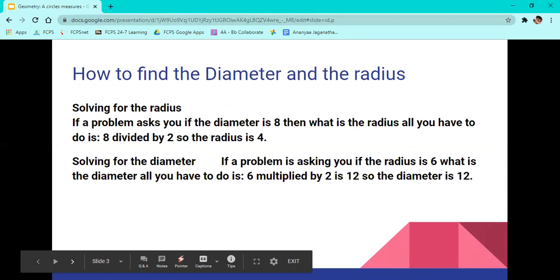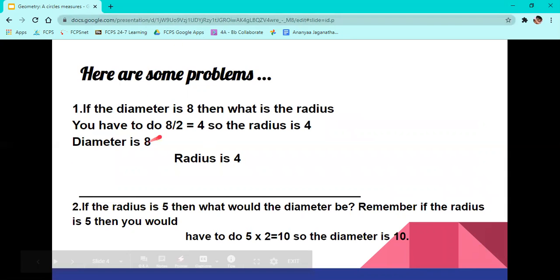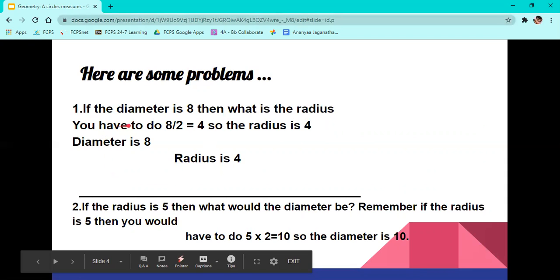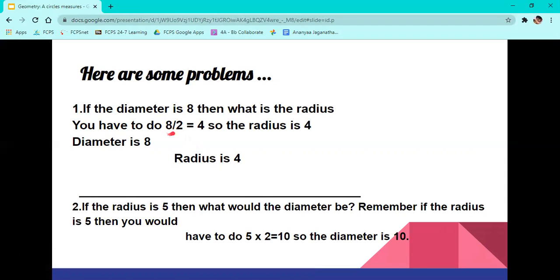Next slide. Here are some problems. If the diameter is 8, then what is the radius? You have to do 8 divided by 2 equals 4. So the radius is 4. Remember, I told you in the second slide that we know the circle is about this big.